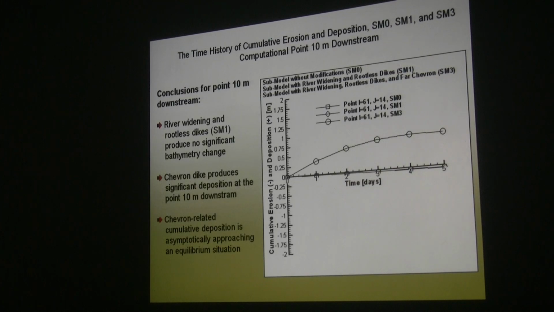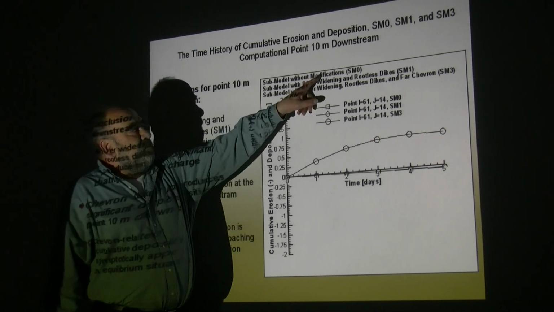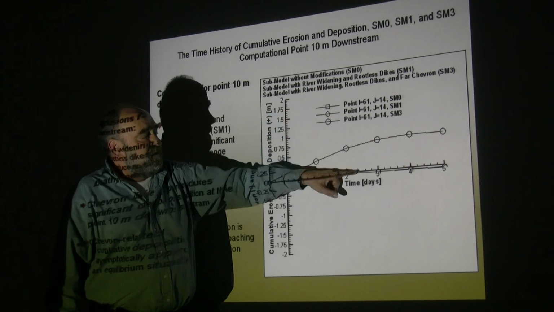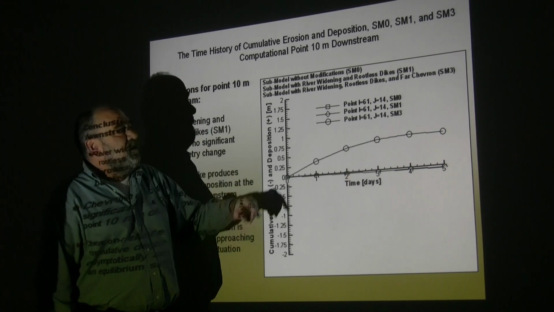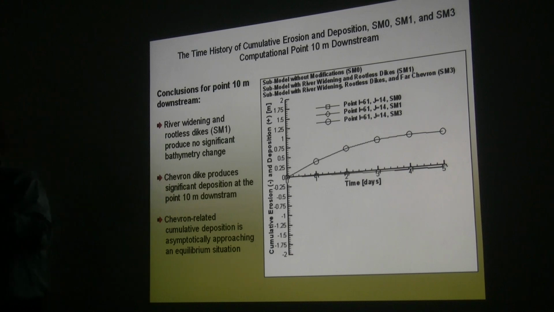And if we look at the point which is 10 meters downstream, we can see that, again, comparing the original situation with those two measures, river widening and rootless dikes, there is no change in bed elevation. But if we add the chevron, material that was eroded at the upstream point is now deposited at this point.